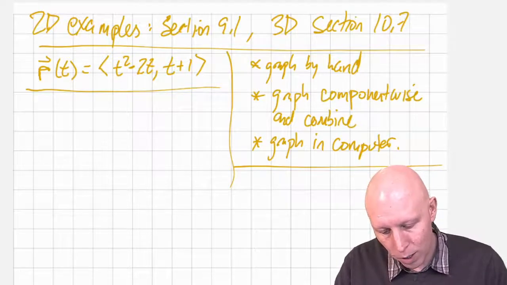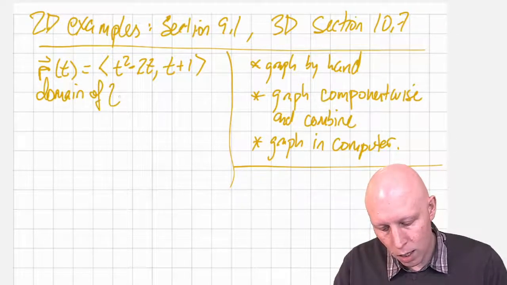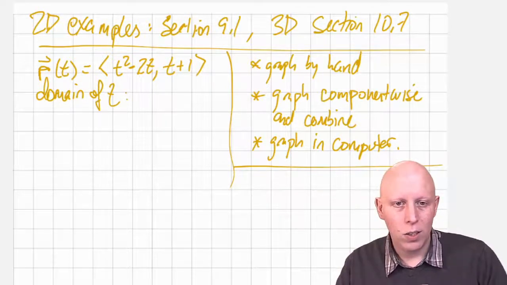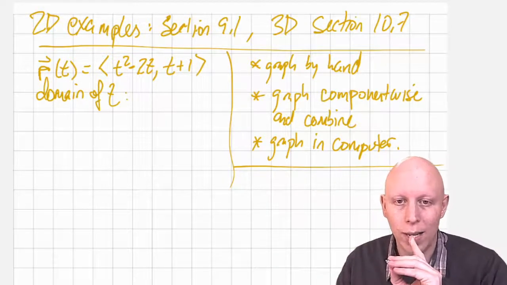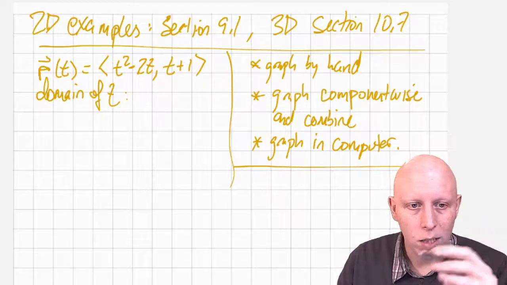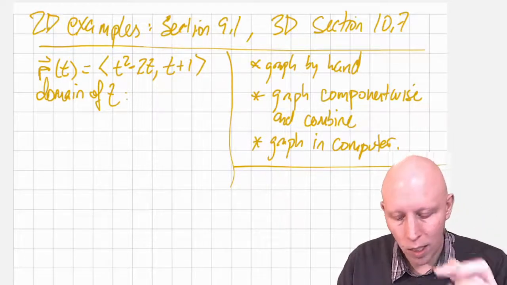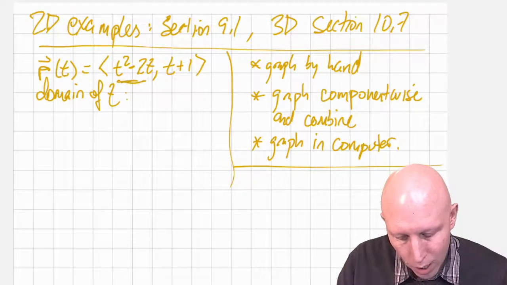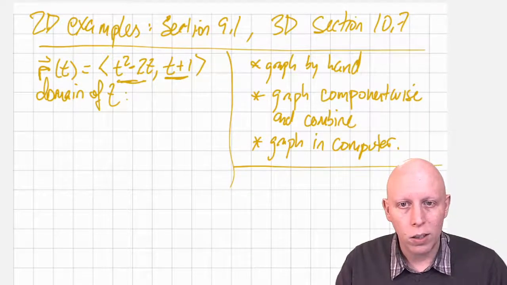one thing was missing from this definition, and that was a domain. What's the domain of r? We can use the domain just like we talked about last time: we look at each of the component functions and decide what the domain of those are.